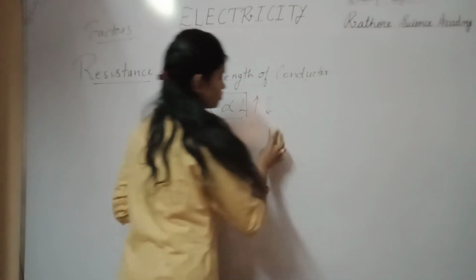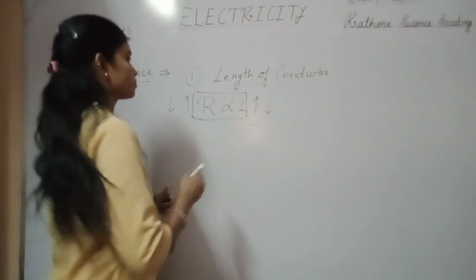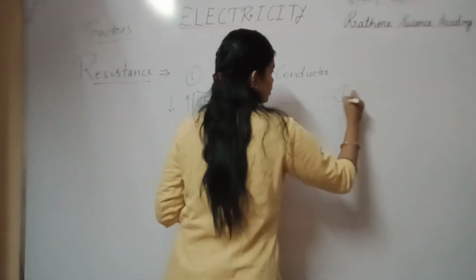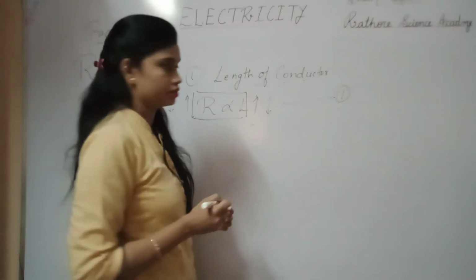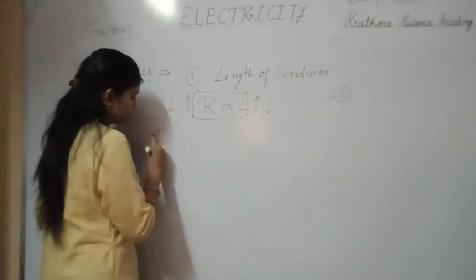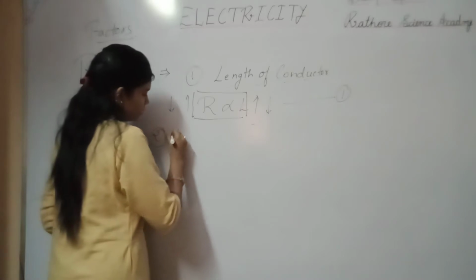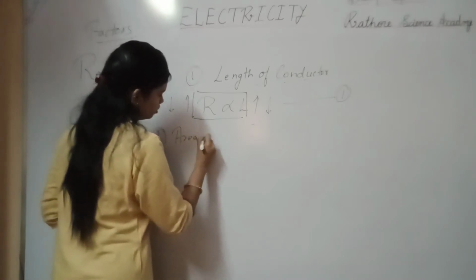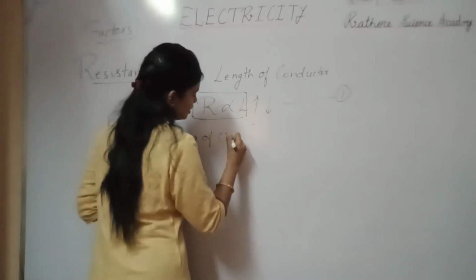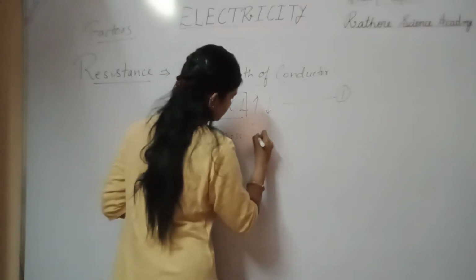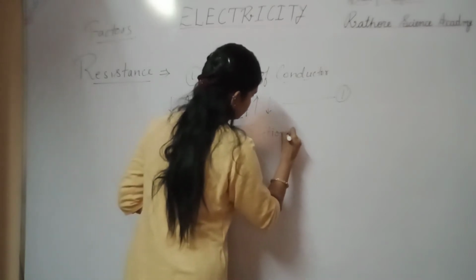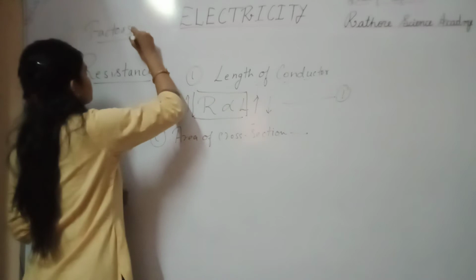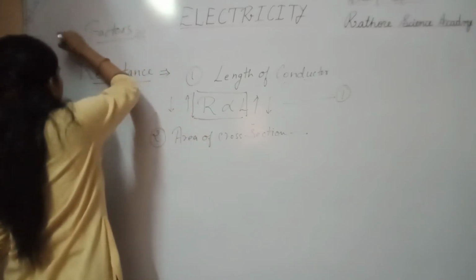Now, the second factor on which the resistance of a conductor depends is the area of cross section. Remember, these factors are important.